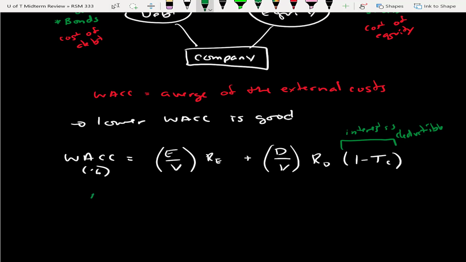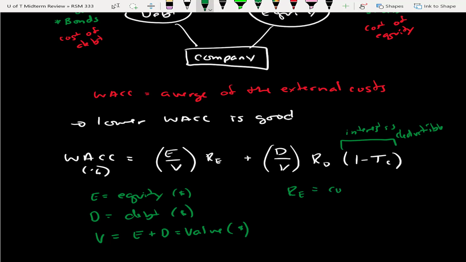So what are all of these? E is the value, or I'll just say equity. I don't want to confuse the word value. This is expressed in dollar terms. D is the dollar value of debt. V is equal to equity plus debt, which is the value of the firm.